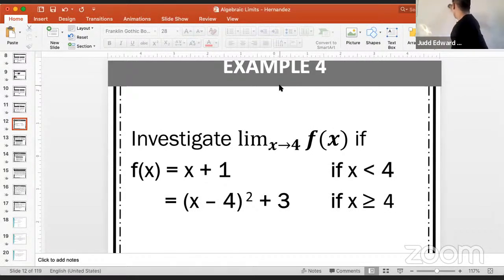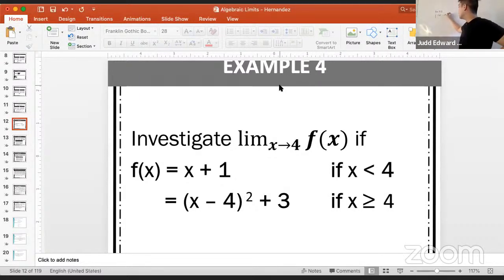Okay. So if you are given a piecewise function, all you have to do first is to analyze. Okay? Ang sabi sa atin, investigate daw natin the limit of f of x, but we are given different values of f of x.